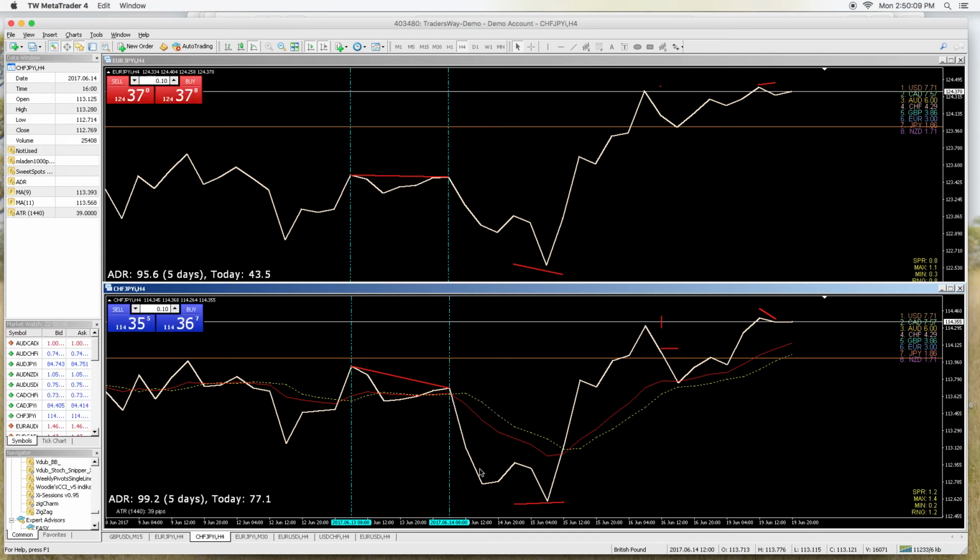And in fact, we can tell by the line it does. And also the euro yen, as well as the Swiss yen, falters. But we're only going to take one pair, and that would be this trade here, because the Swiss franc is showing more weakness than the euro yen at this point in time.